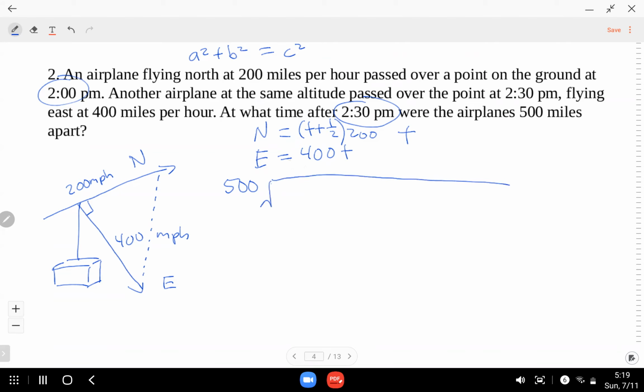All right, 500 equals, never mind. We need to actually derive the equation first. So hold on a second. Okay, so let's just use d and t right now. So d equals the square root of this squared plus this squared, because that's basically a and b squared.